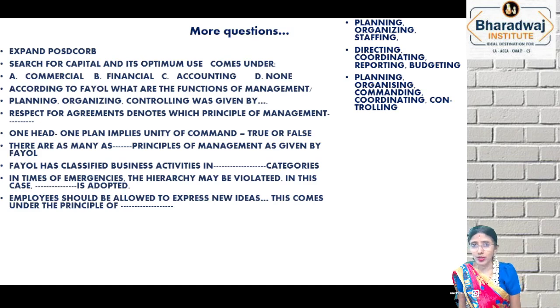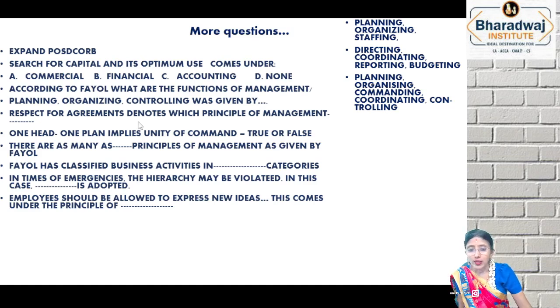It is not the usual order. What was the usual order? Planning, organizing, staffing, directing, controlling. Fayol's order is different, therefore they will ask. Planning, organizing, commanding, coordinating, and controlling. Remember that. Search for capital comes under financial. Okay, that is the answer.